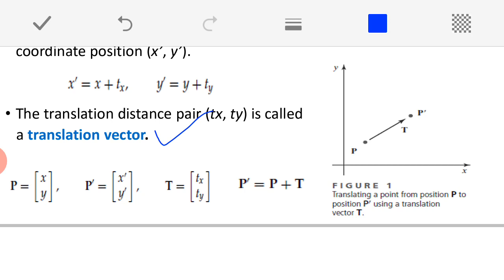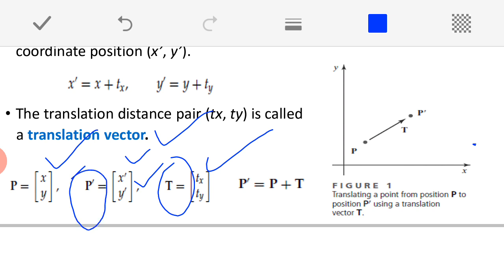Is it clear? How do we represent this translation vector as a column matrix? It's very simple. My point P I can define with x comma y as a column matrix. The translation factors Tx and Ty I call matrix T, and the new translated position x dash comma y dash I call matrix P dash.